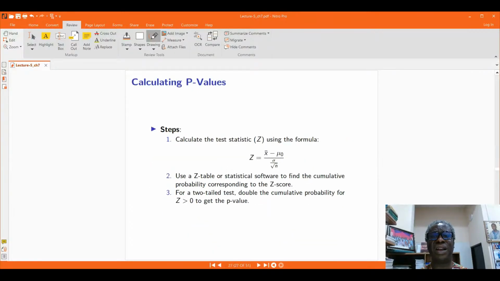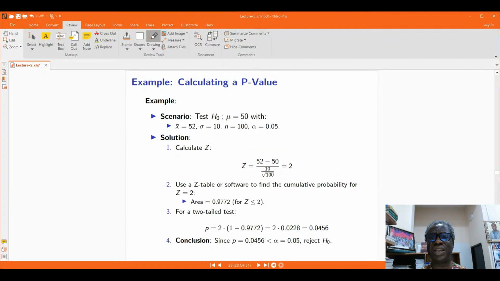I've explained this, how we calculated the p-value. So this is the z value that we computed. This is the area that I mentioned, which is 0.9772, the cumulative probability when the z-score is equal to 2.